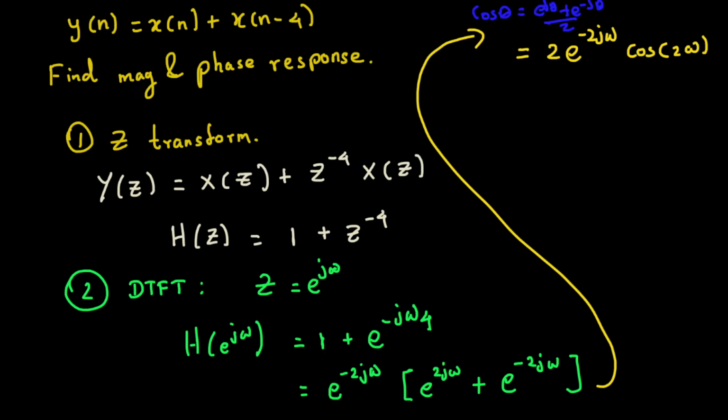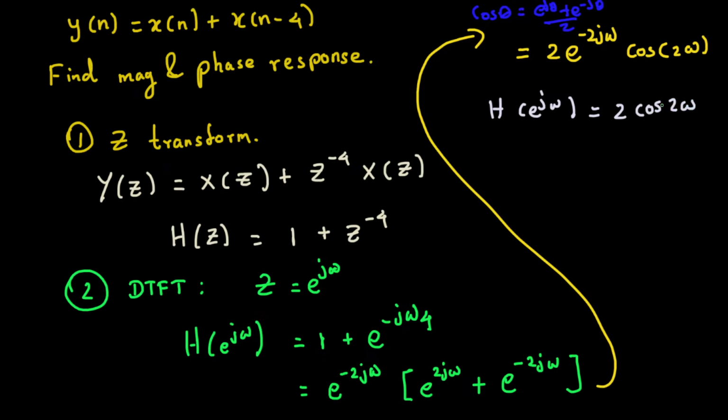So let's look at the magnitude diagram first. From this equation, we have to bring a term for the magnitude diagram and the phase diagram. For the magnitude diagram, that is h of e power j omega, we bring the 2 cos 2 omega part along.